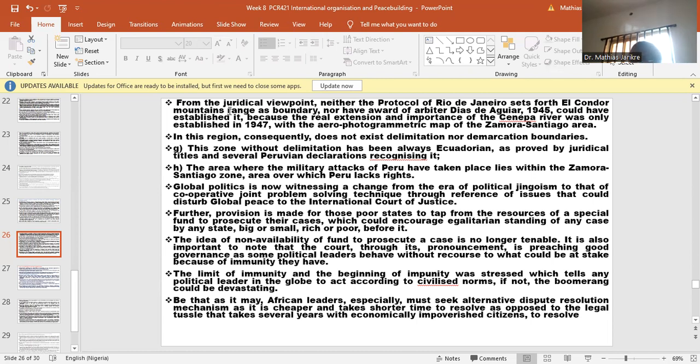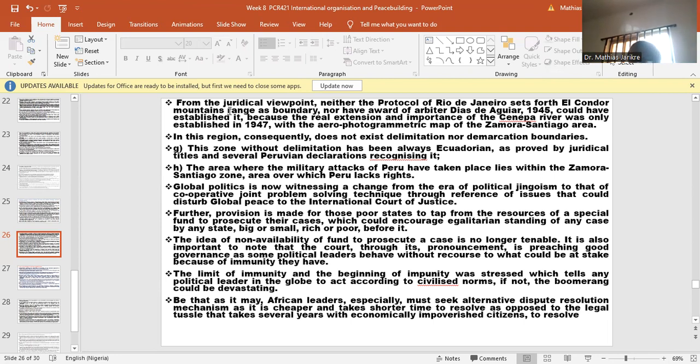In this region, consequently, there does not exist delimitation or demarcation of boundaries. The zone without delimitation has always been contested, as proved by judicial ties and several relevant documents recognizing that the areas where the military attack of Peru took place lie within the Zamora-Santiago zone, over which Peru lacks a right.